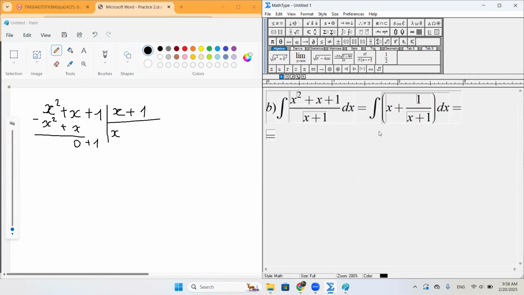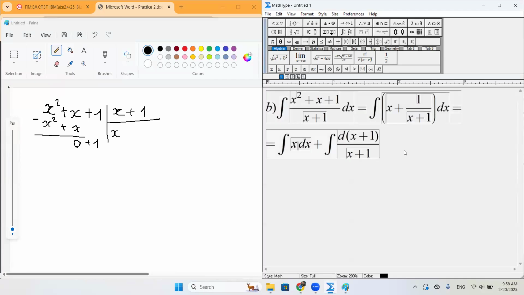And now we can expand brackets. So first integral x dx, that is the table integral. And the second, let me move x plus 1 under the differential.